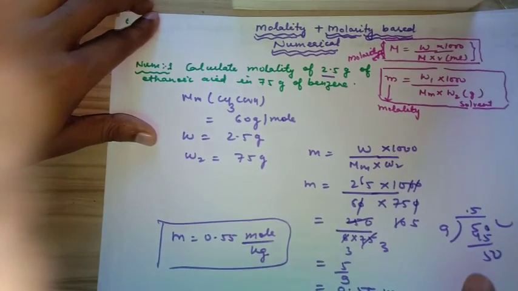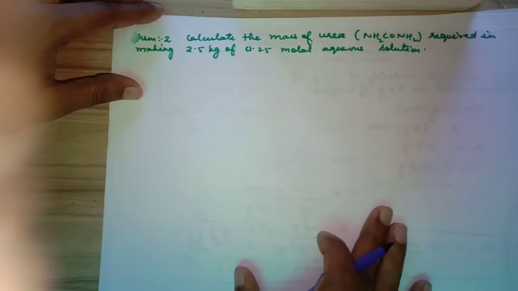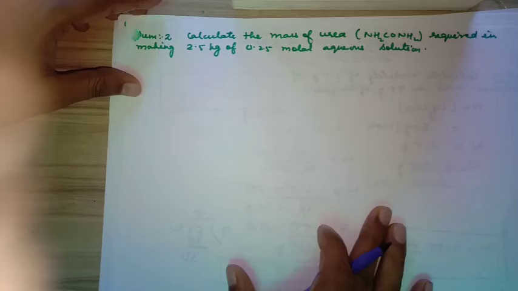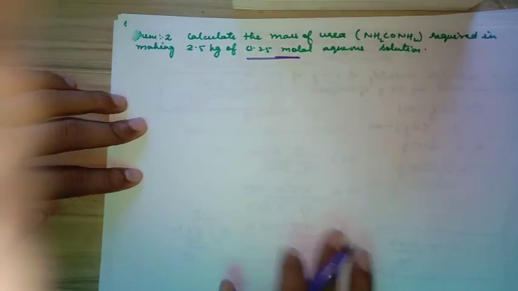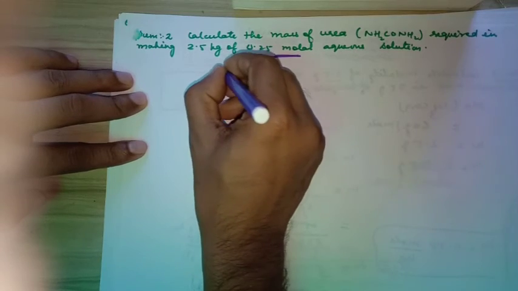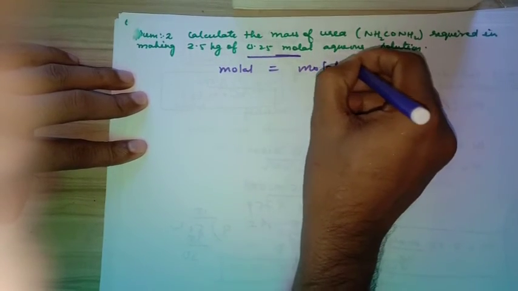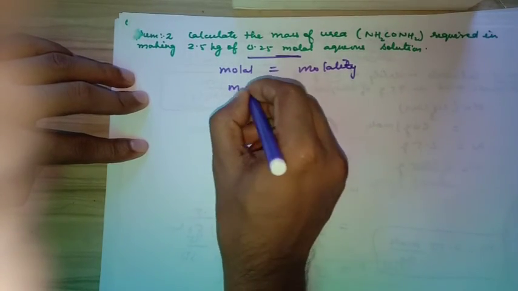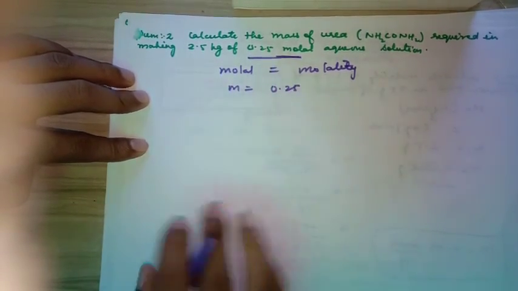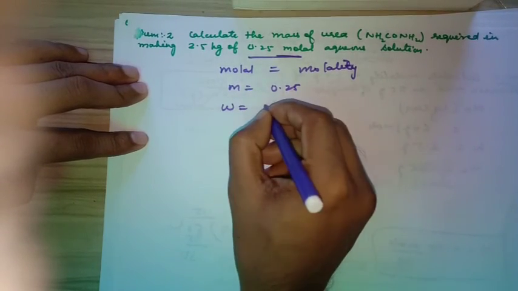solvent or solute. Now the next question is: calculate the mass of urea required in making 2.5 kg of 0.25 molar aqueous solution. When it is given as molar, it means molality. So here molality is given as 0.25. Now we have to find the mass of urea, that is solute.